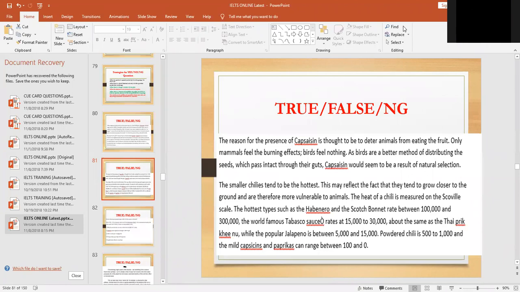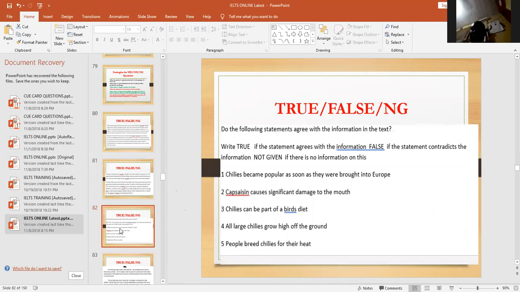Okay, so I will unmute everyone now again, because I want you to tell me the answer, because we should have gotten it by now. What is the answer to 3? Not given. True.